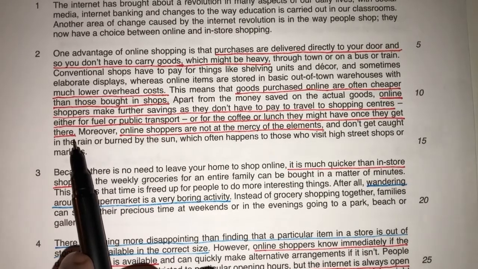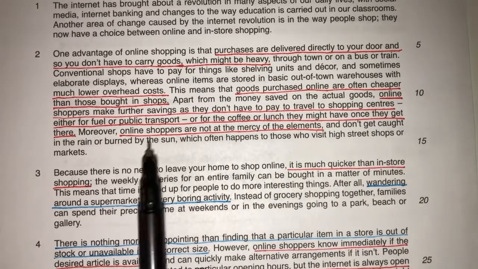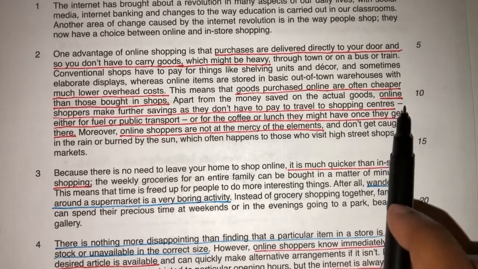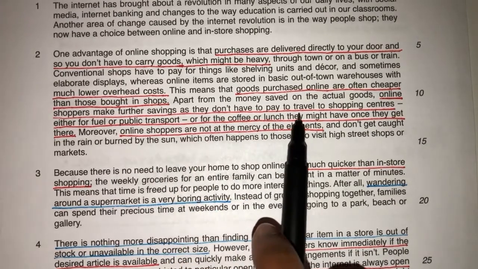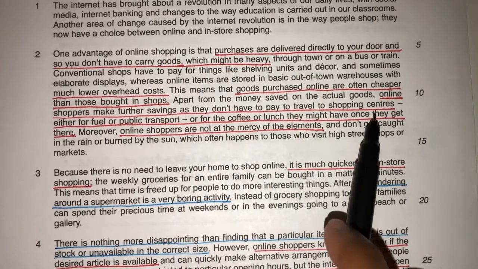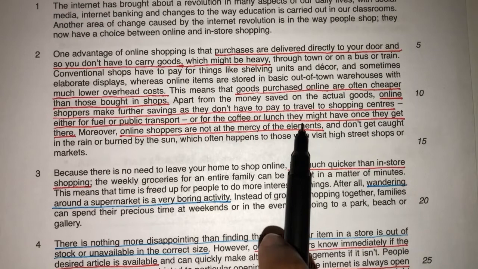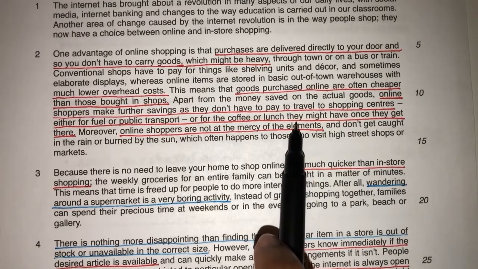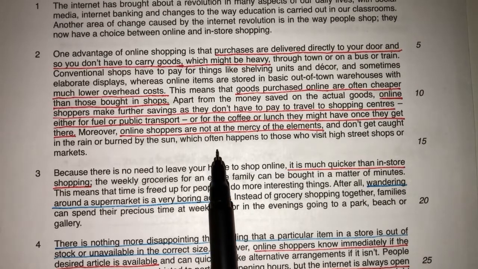Okay, so this is long, so let's find a way to truncate this fact. They make further savings, they don't have to pay for travel to shopping centers or coffee or lunch.